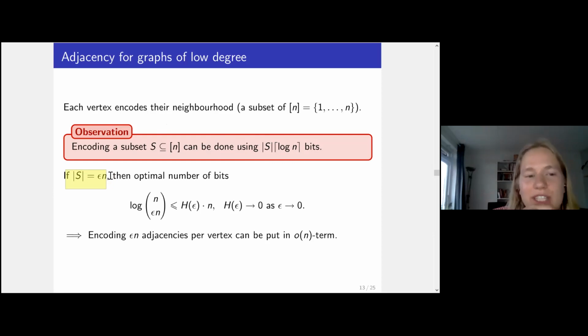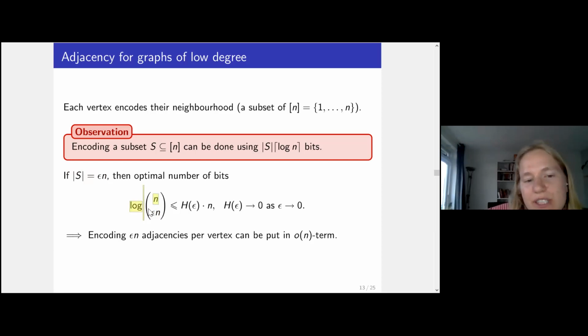And now you can start wondering, well, how many bits do we actually need? Information theoretically, if you want to determine this, you just look at your number of options and then you take the log. And that tells you the information theoretic minimum of how many bits you need to encode if you already know that the objects come from a certain universe. In our case, these were the subsets of 1 up to n of size epsilon n.